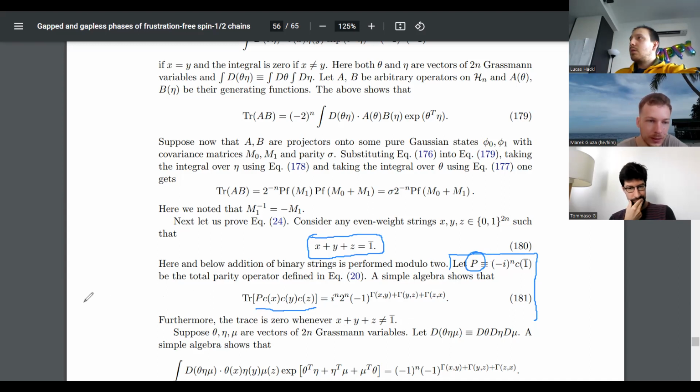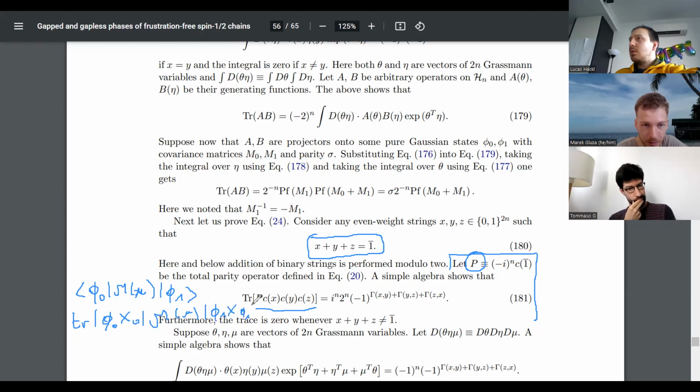But the motivation is that if I had this generalized Wick's theorem here, phi 0, M of x, phi 1, then they want to compute this as phi 0 being the first operator, then M of mu the second operator, and phi 1 the last operator. Each of them you can linearly expand in the Majorana basis.